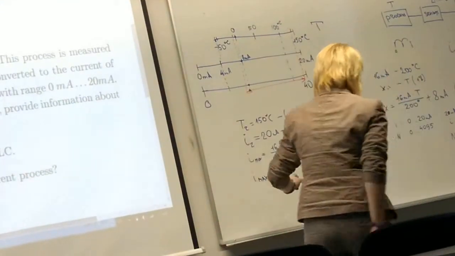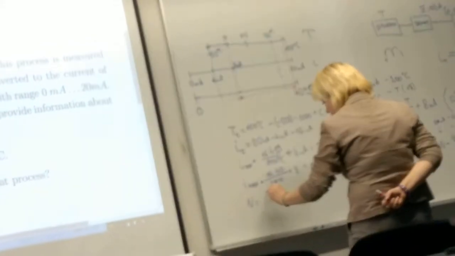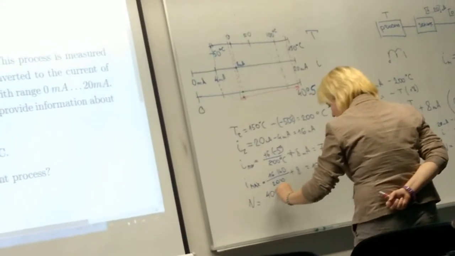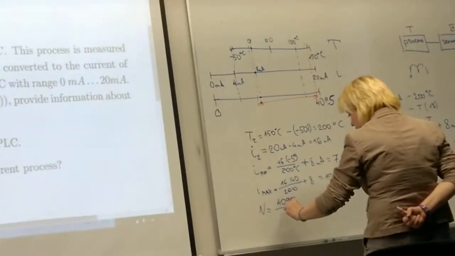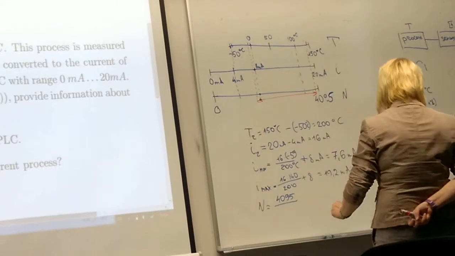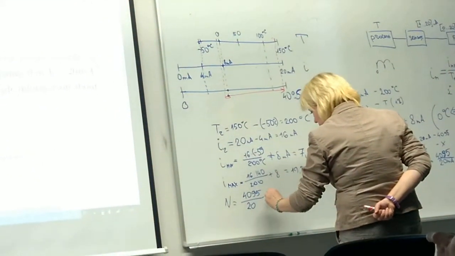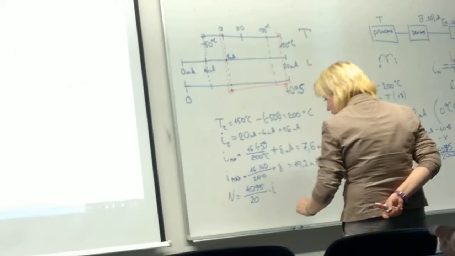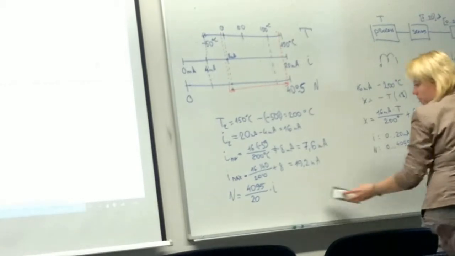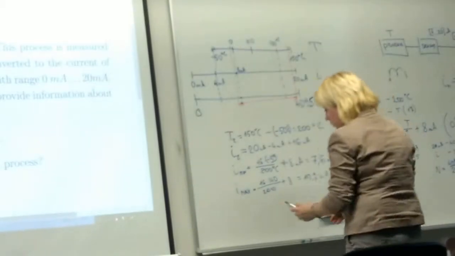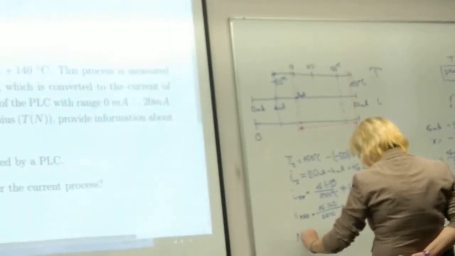So in this case, n will be equal to the range of n's divided by the range of the current, multiplied by the value of the current. Actually, I have it here, but I'd better provide the n mean.